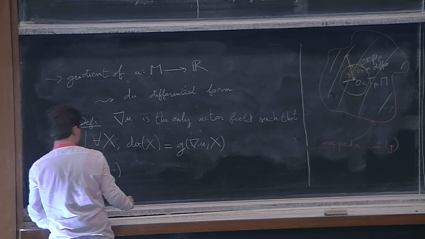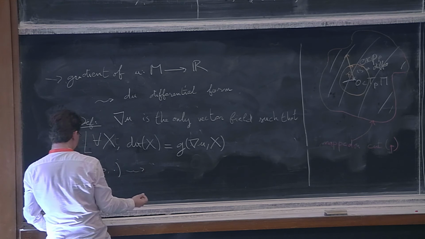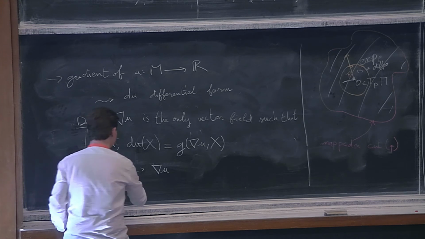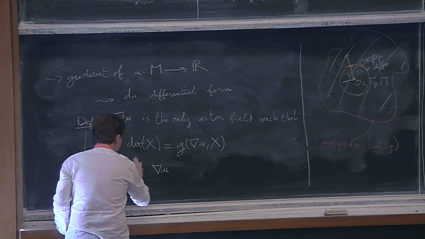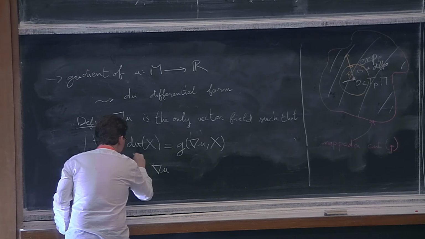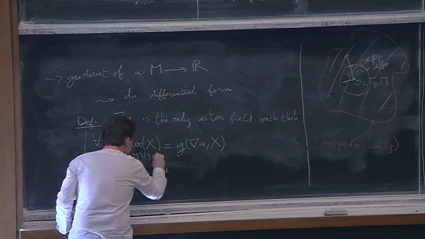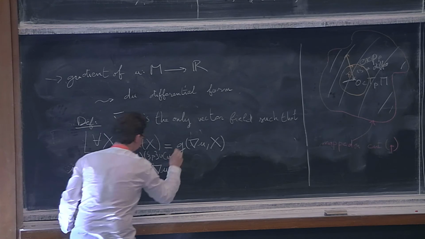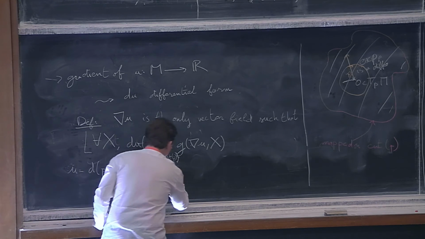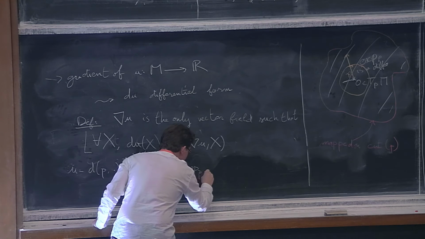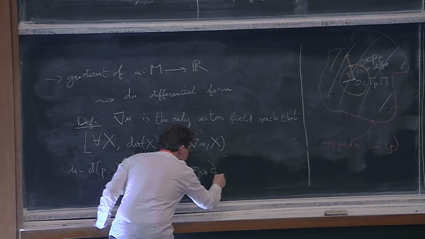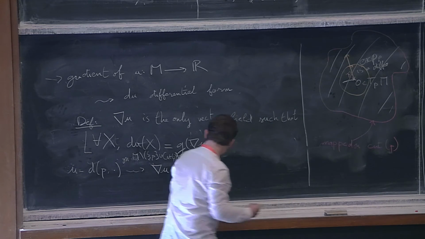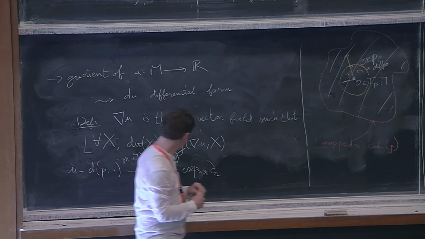And what that tells you, if you think a little bit about it, is that the gradient of this distance function, on M minus the union of p and cut p, so wherever the distance function is smooth, is actually the push forward of the unit radial vector field here. Okay?